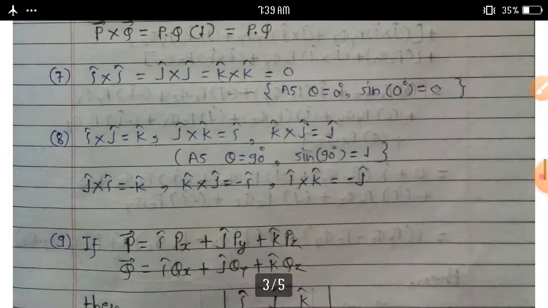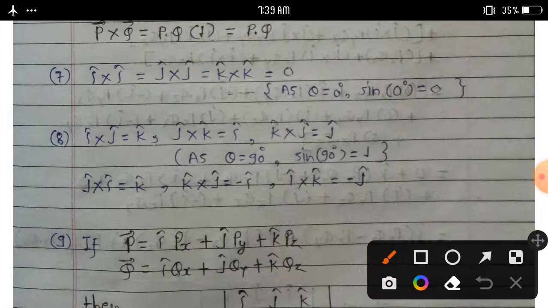Next characteristic: i cap cross j cap is equal to k cap. Next, j cap cross k cap is equal to i cap, and next k cap cross i cap is equal to j cap.